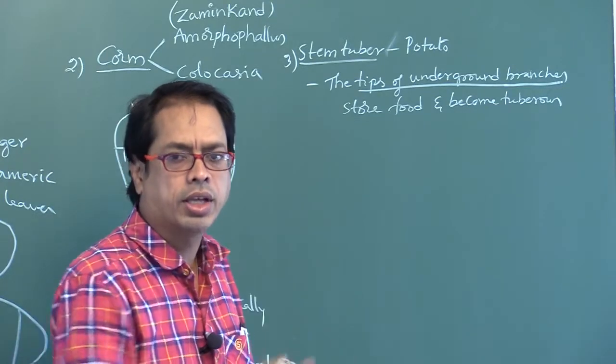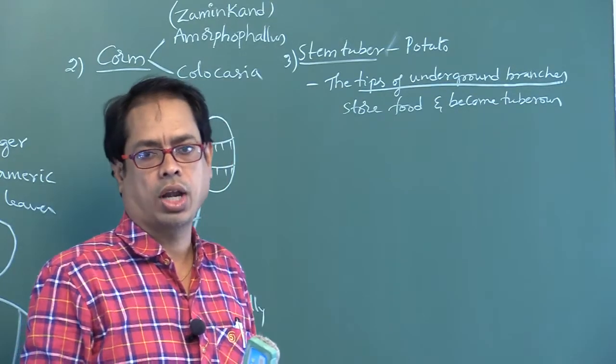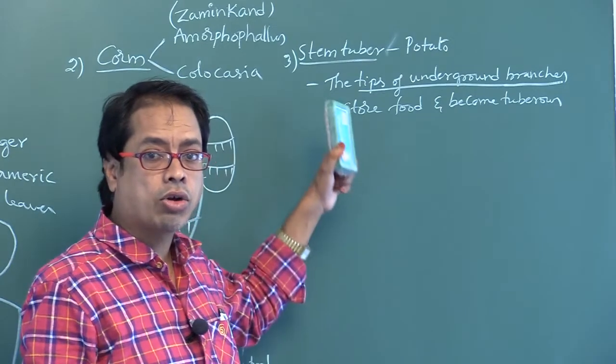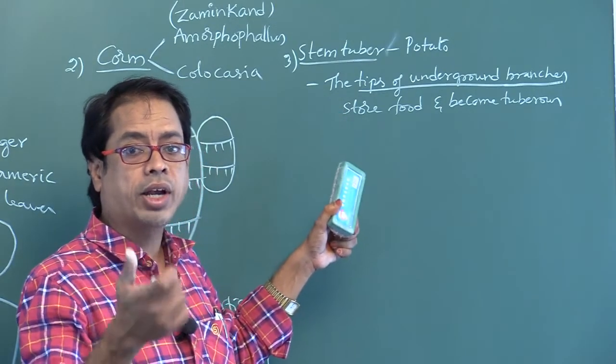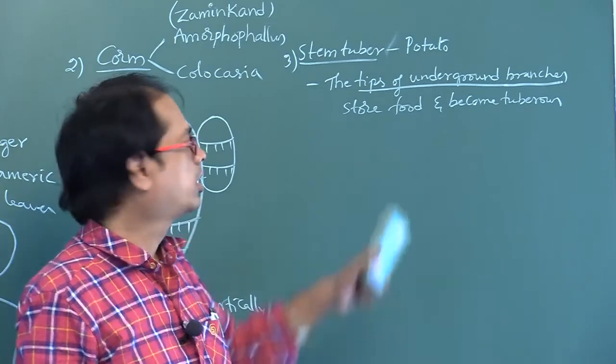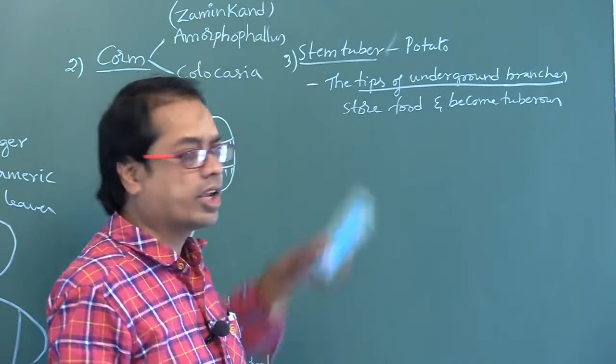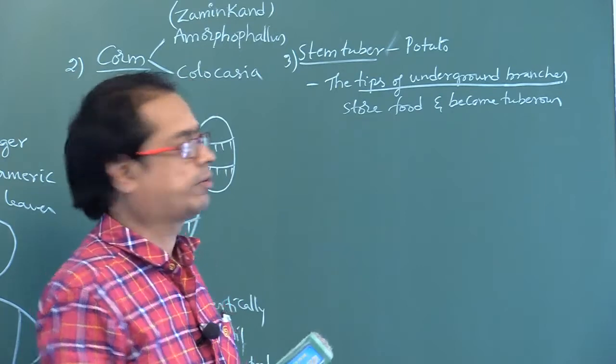The tips of underground branches store food materials and become tuberous. That type of stem modification is called stem tuber.